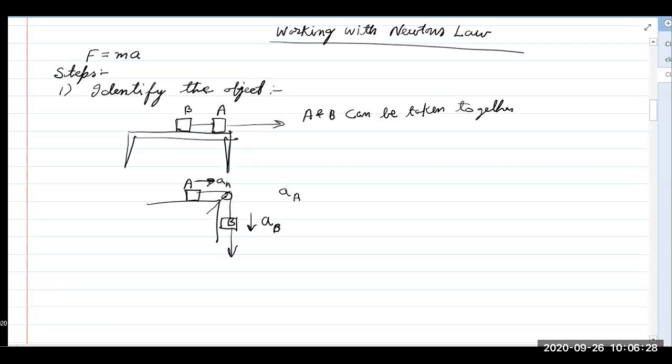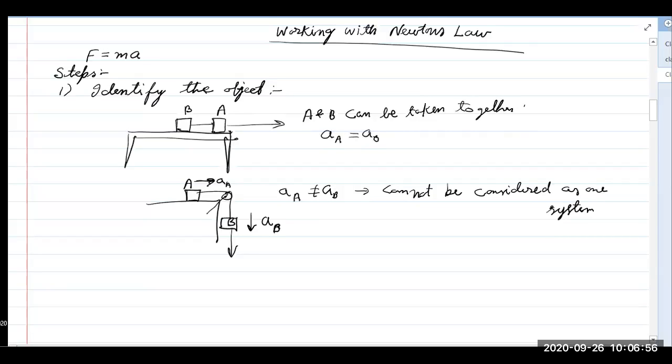These two cannot be considered as one object, one system. But here this can be taken together, because these two have common acceleration, since a equal to ab.